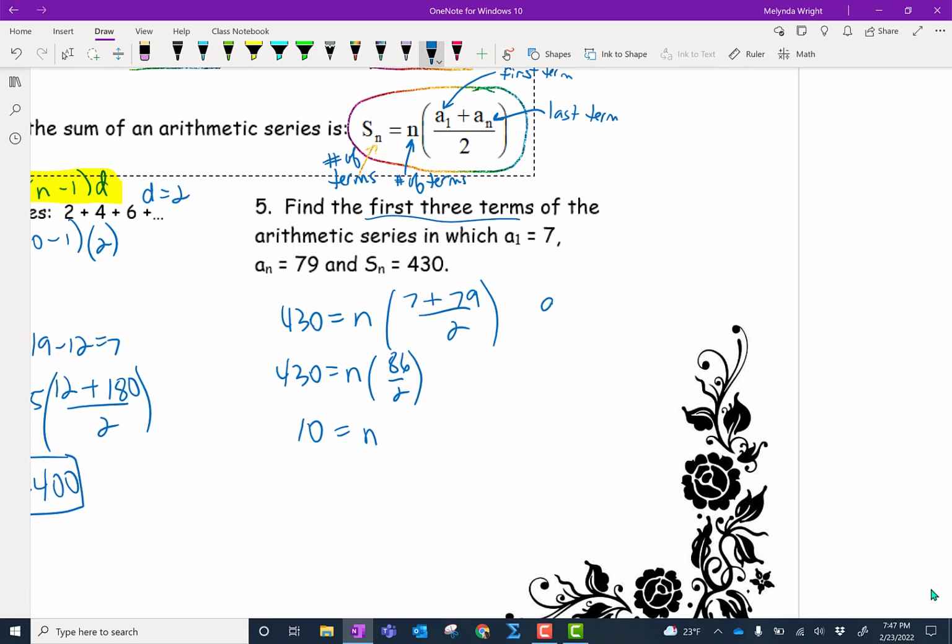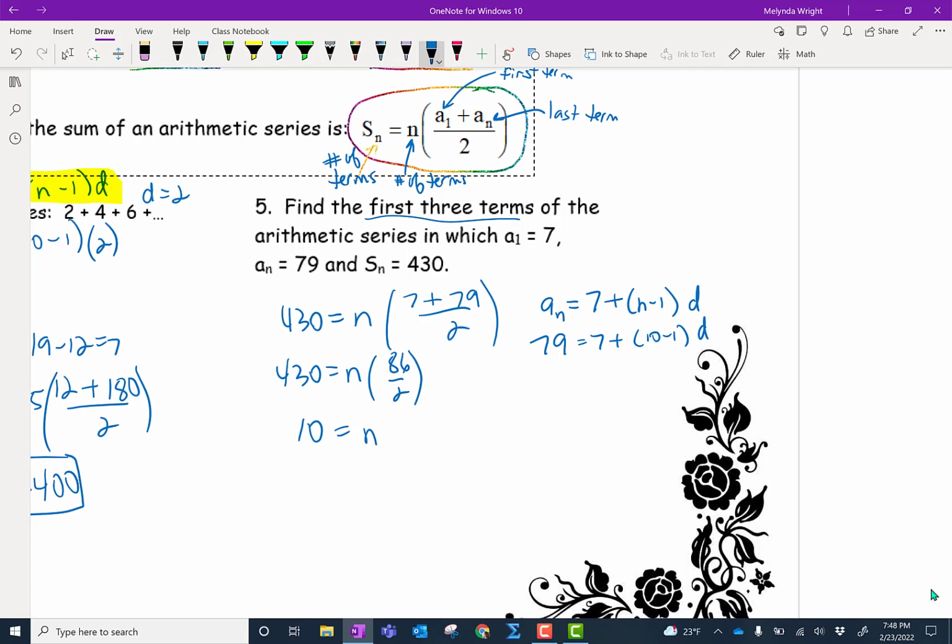Okay, so let's write our sequence formula out. So our first term is 7 plus n minus 1, and our common difference, what would it be? We don't know, so we're going to have to figure that out. Okay, so if there are 10 terms, if 79 is the 10th term, then we can find d by solving for d.